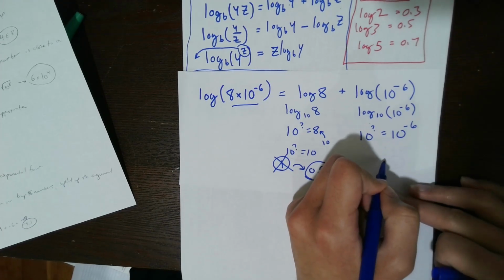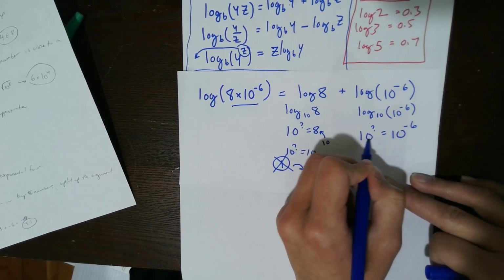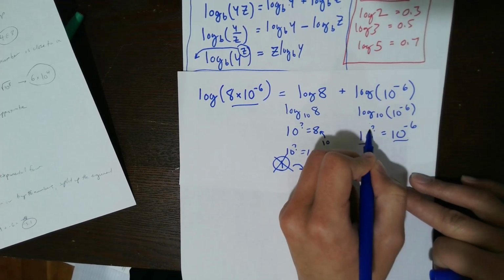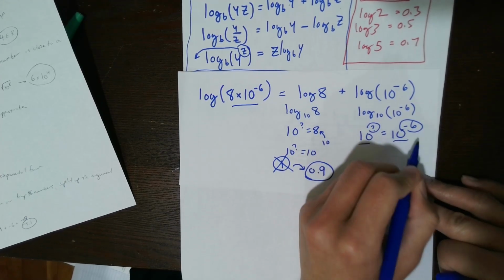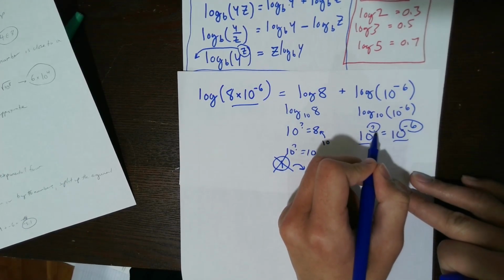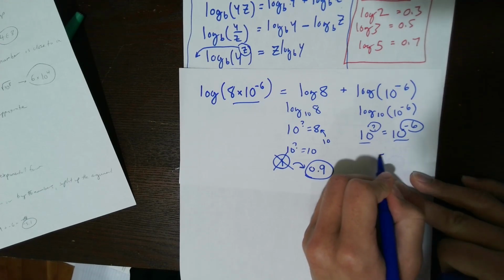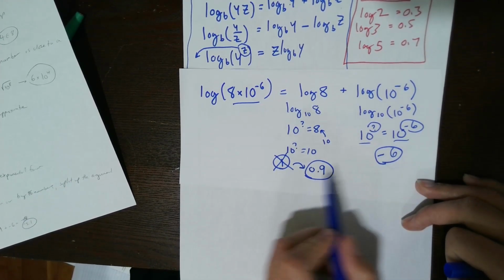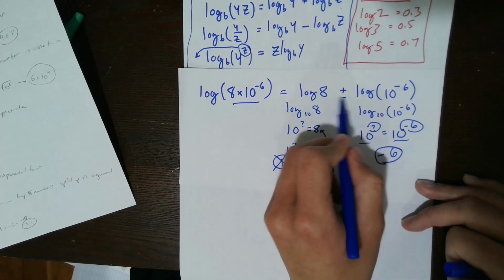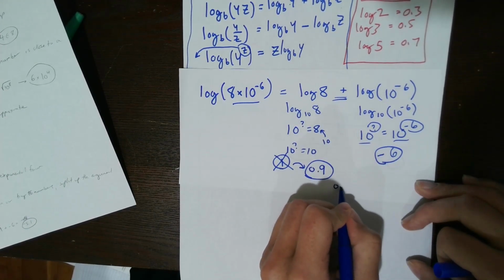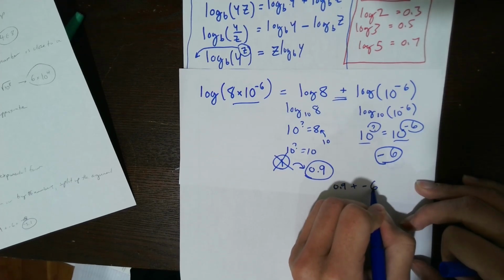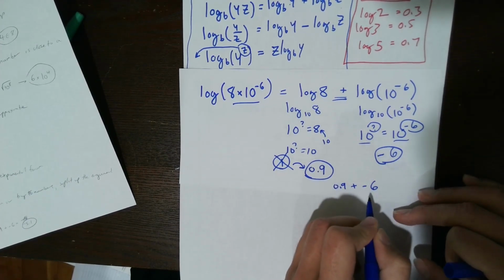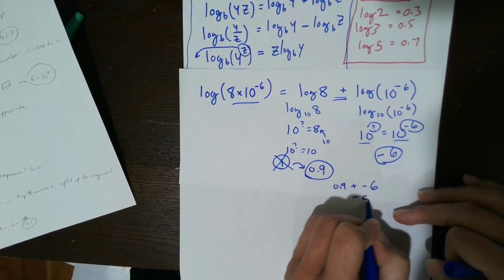And if we look here, we have a 10 on this side and a 10 on this side, a question mark, and a negative 6 on here. So the question mark must be negative 6. All right? So we got 0.9 on this side, negative 6 on this side. Now all we have to do is add them together. So 0.9 plus negative 6. That should give us about negative 5.1.